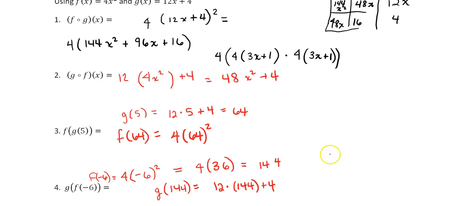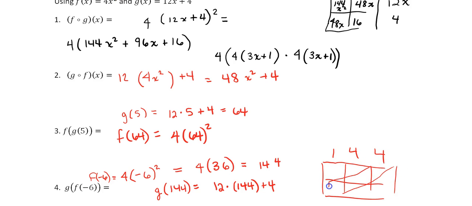So if I wanted to actually work that one out, I could do 144 times 12. Oops, I got a little carried away.